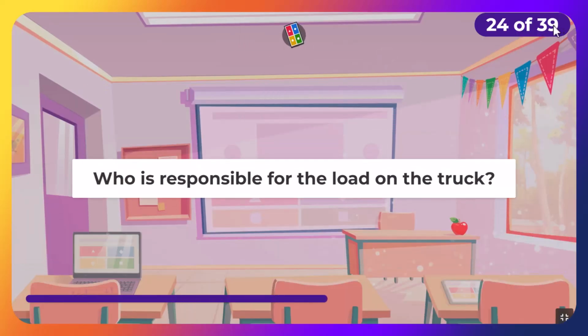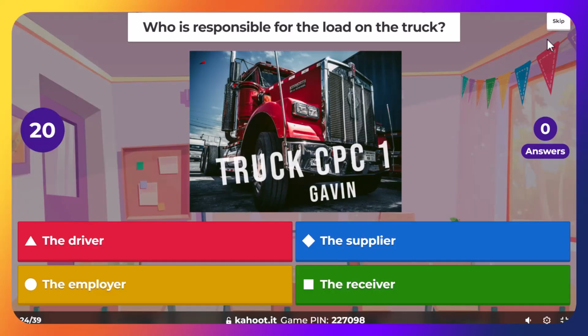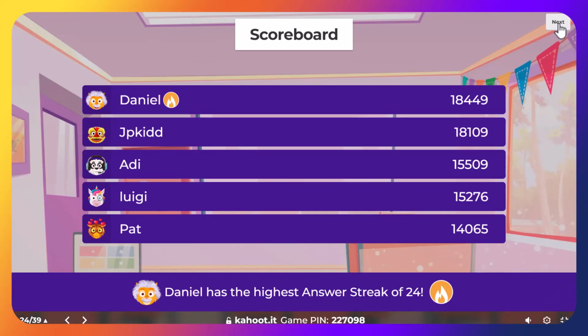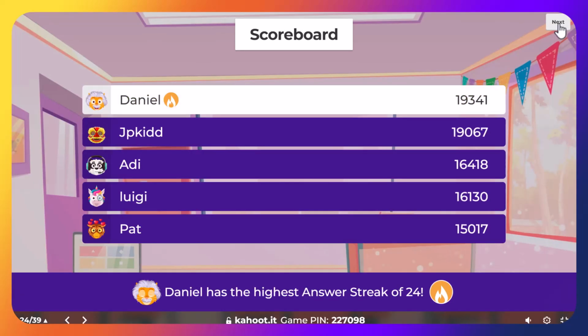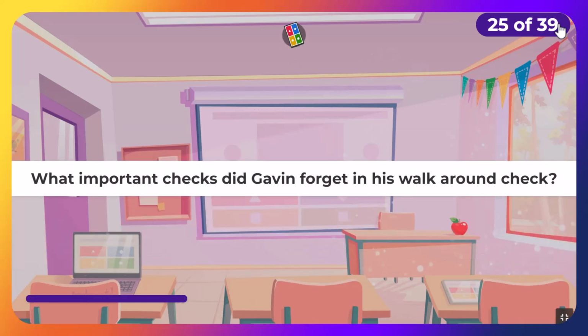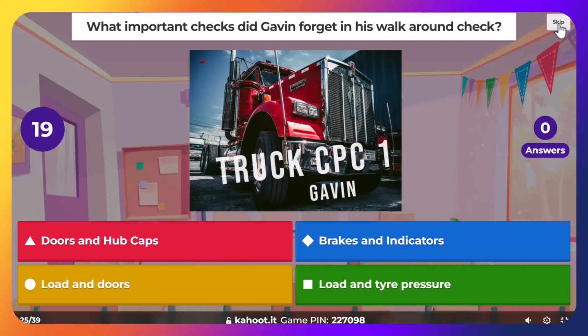Who is responsible for the load of the truck? Can't remember the story.